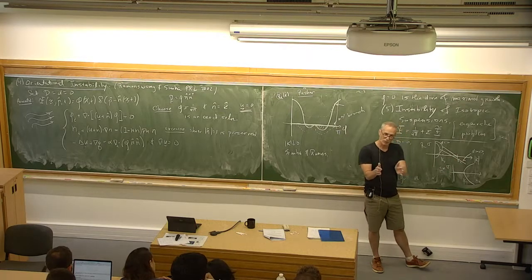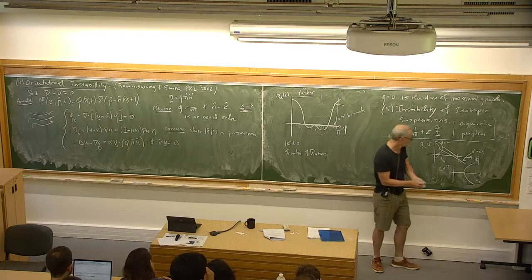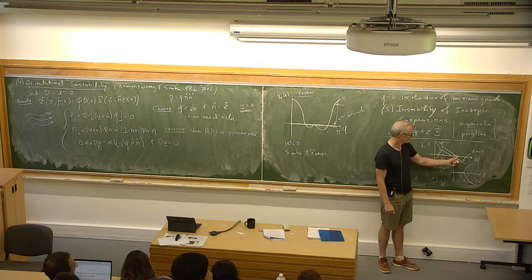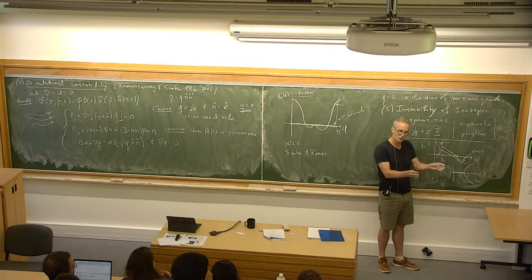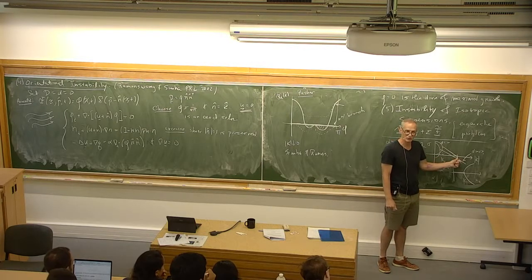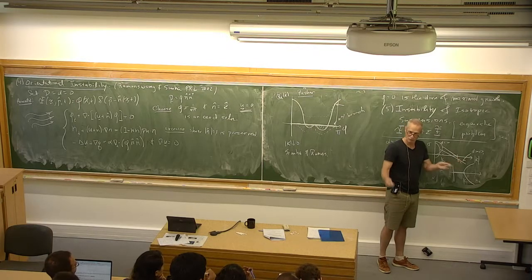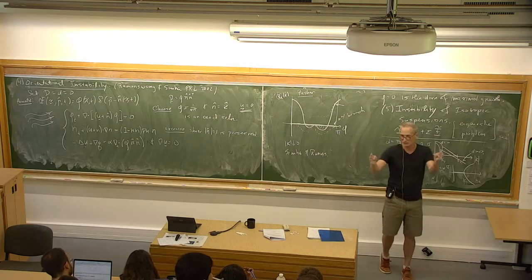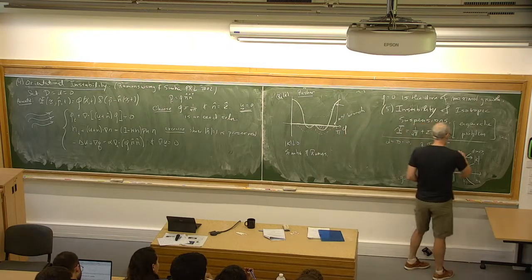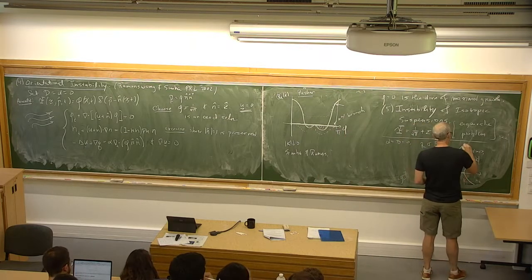If I start off with a box that was sufficiently small, then the fundamental mode of the box would sit up here somewhere above this crossing point. As you make the box bigger, then you will cross and you'll allow yourself an instability as you cross this point with your fundamental mode. So fundamental mode means k equals 1 in your scaled box, right? So this would be the sign of a long wave instability.